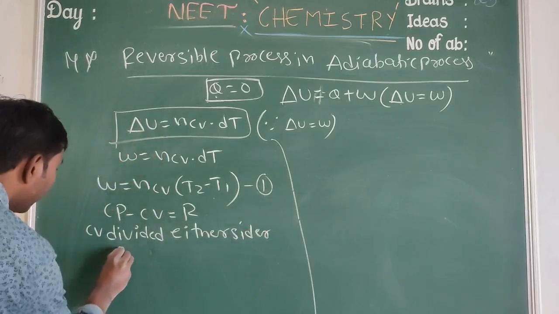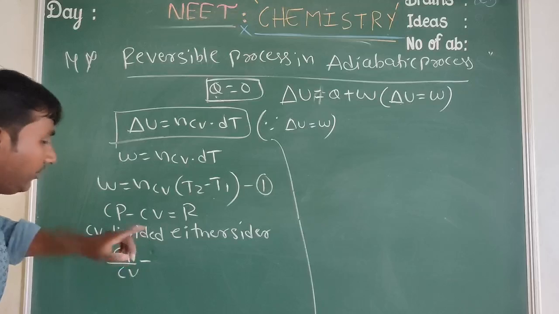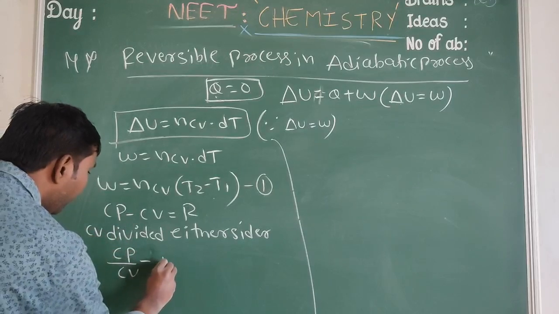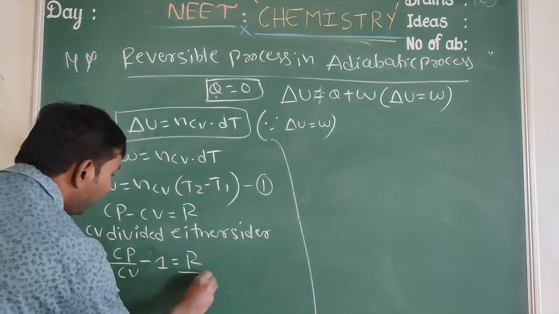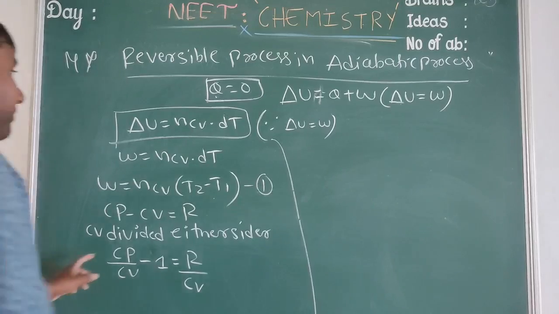That means Cp by Cv, Cv by Cv cancels to 1. Cp by Cv minus 1 equal to R by Cv.